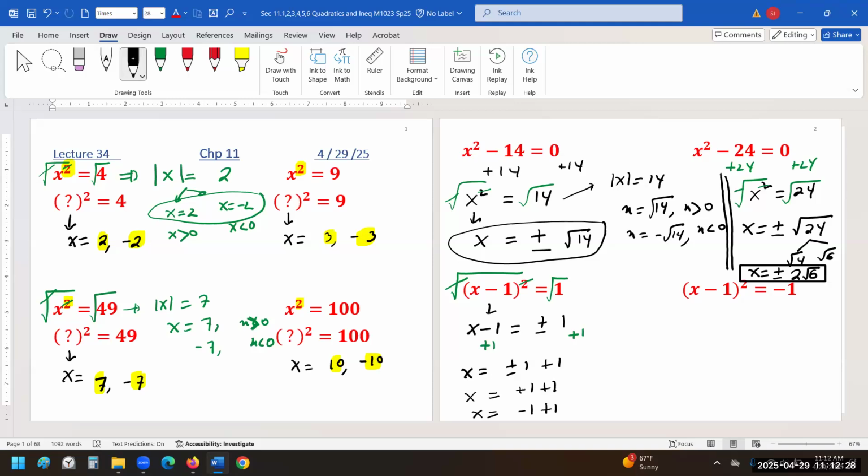This is what it means. If it's plus 1 plus 1, we get 2. But if it's minus 1 plus 1, we get 0. In other words, our solutions are either x equals 0 or x equals 2.